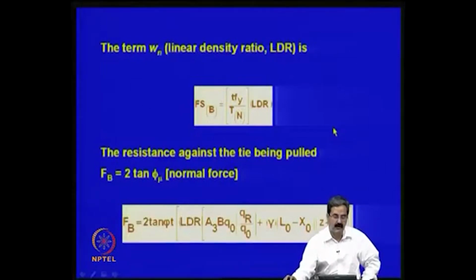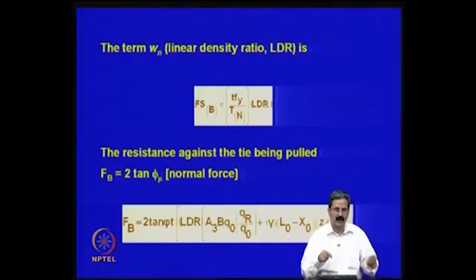Now, sometimes what we do is that linear density ratio is another term. Like, the other day I was showing you a photo in which you have reinforcements at different places. Say for 1 meter they have some 10 or 15 members. Like you take a wire mesh which is available, you put a wire mesh which also has some gaps in between.